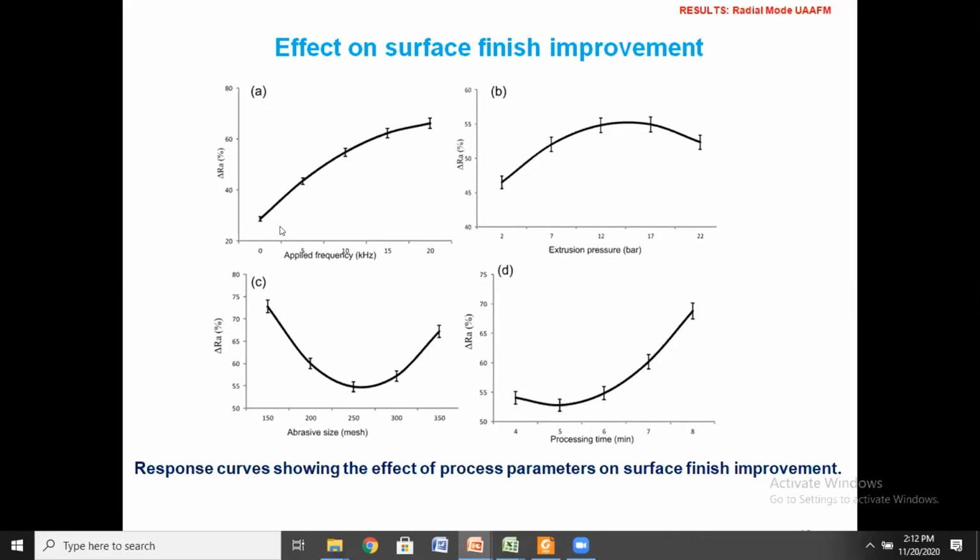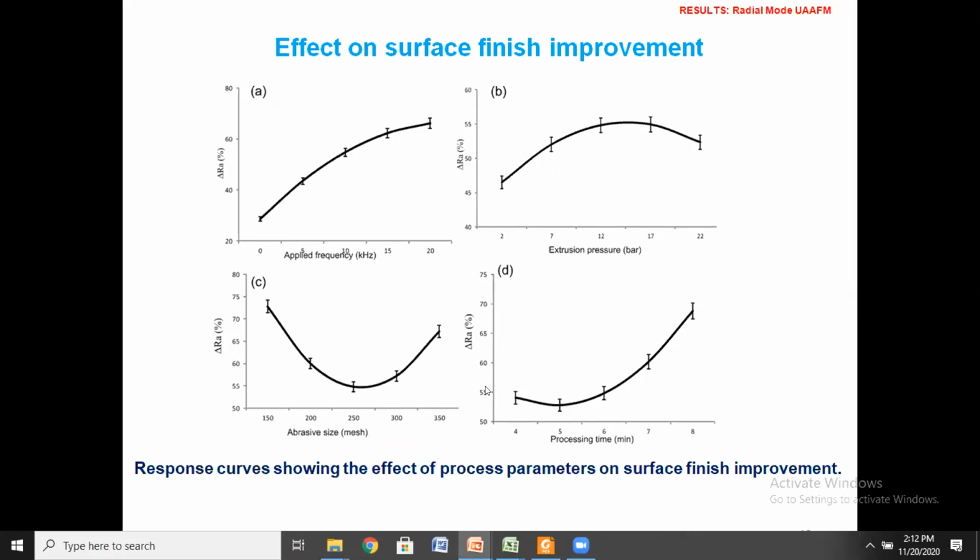Here, with increase of frequency, the surface finish increases, so higher is better. But here we need to find an optimum value. Otherwise, if the frequency increases, there is a chance of scratching, etc., which further deteriorates the surface. So we need to find the best optimum value in order to get the best surface finish, right?